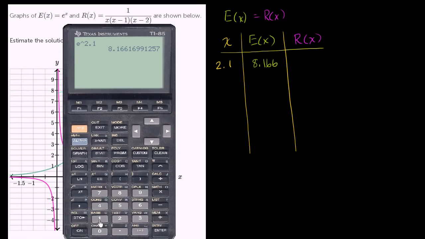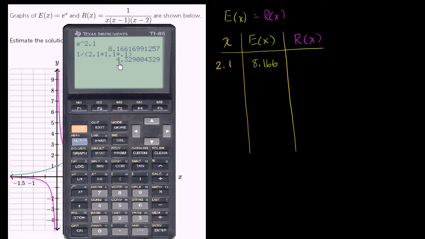R of x is 1 divided by x, so that's going to be 2.1, times x minus 1, well, that's going to be 1.1, times x minus 2, well, that's just going to be 0.1.